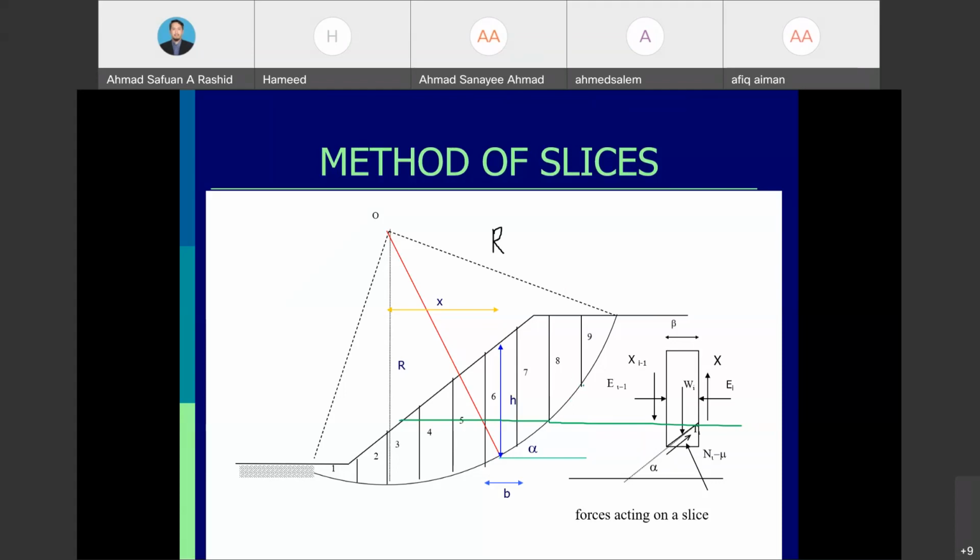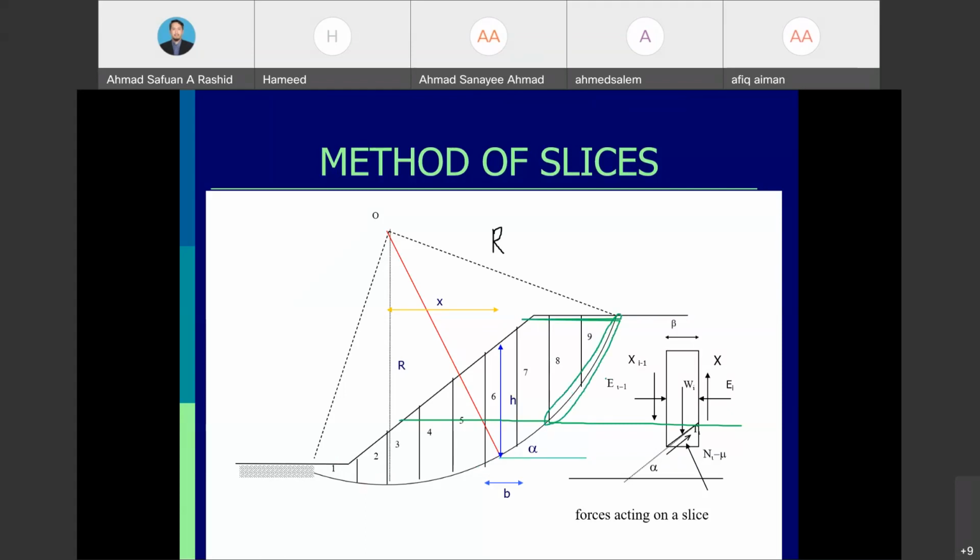For this case, soil number 1 and soil number 2 are represented at the base of slices number 8 and number 9, while for slices 1 to 7, it only represents one type of soil.